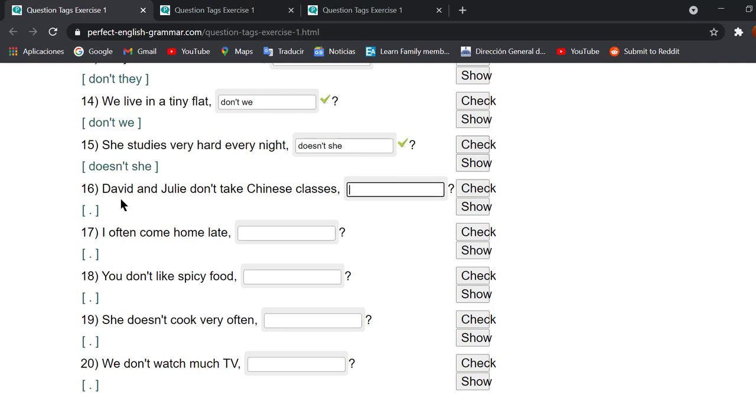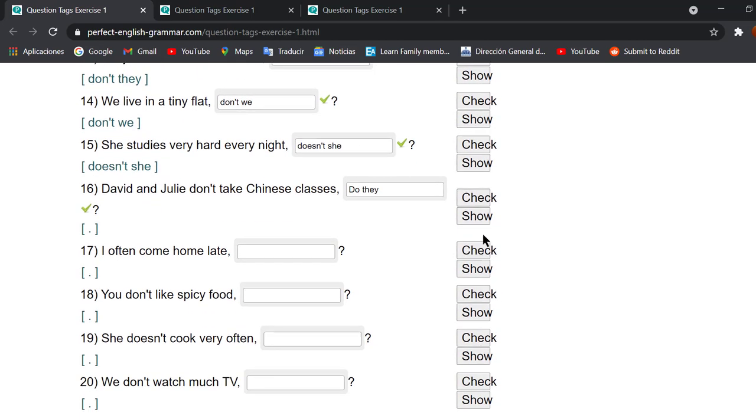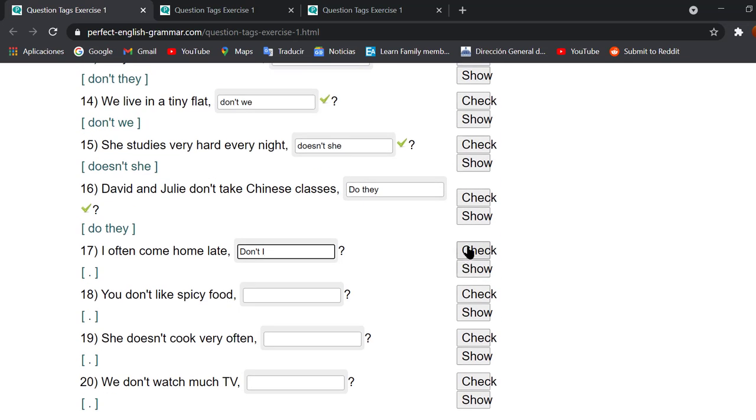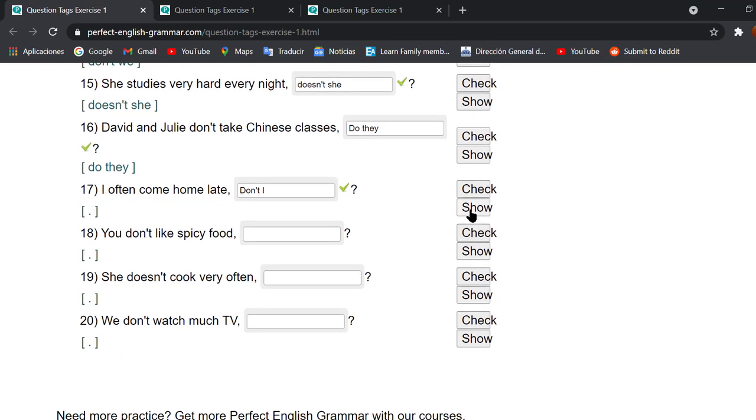David and Juliet is they, two people, so you have positive. Do they? Correct. I often come home late. Negative. Don't I? Yes.